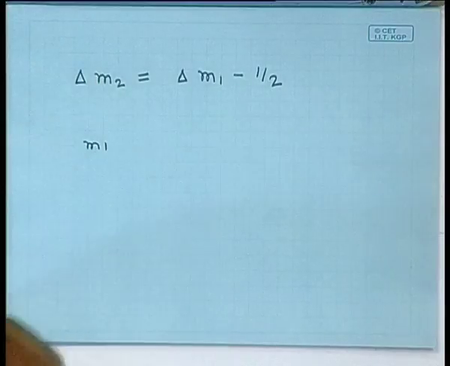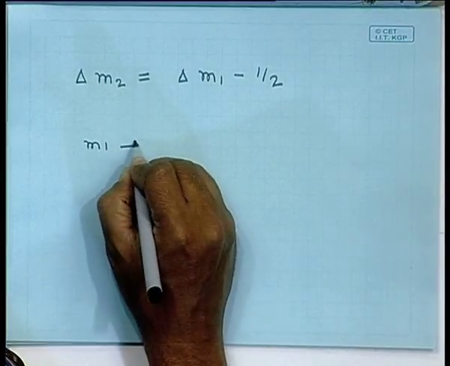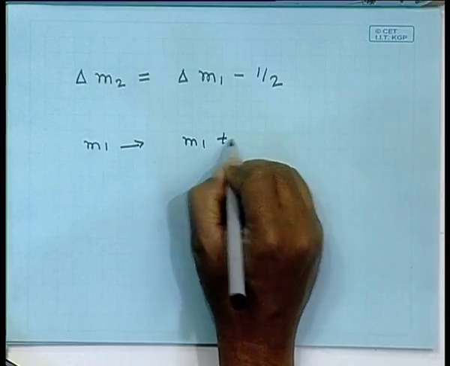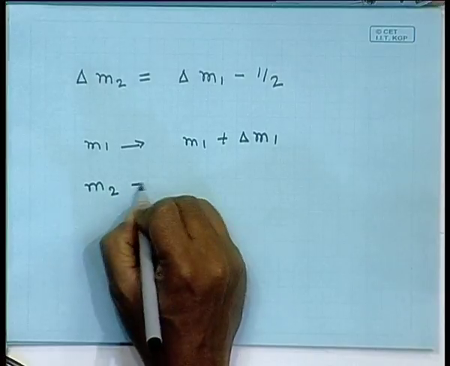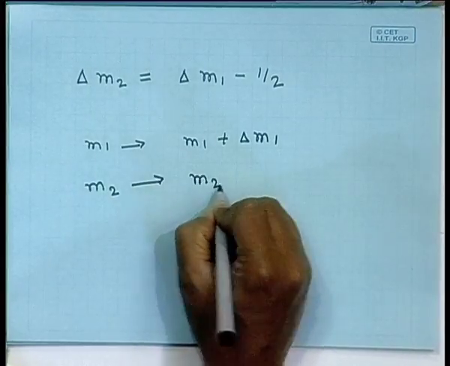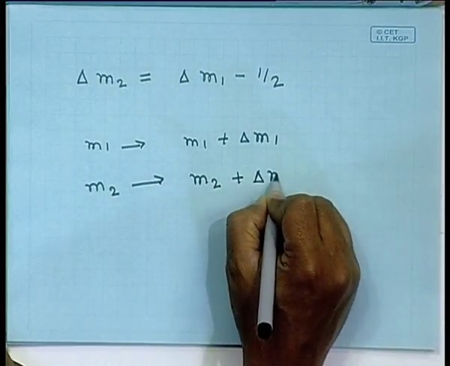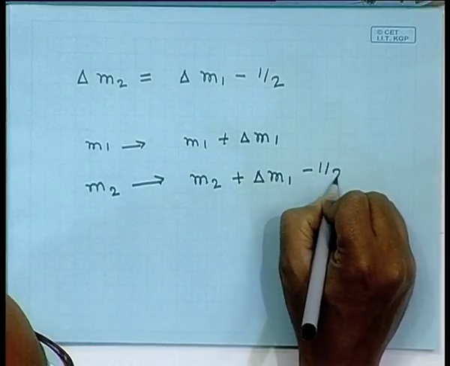Now, when the difference is half, remember, m1 was an integer and m1 has gone to m1 plus delta m1, m2 was also an integer, this has gone to m2 plus delta m1 minus half.